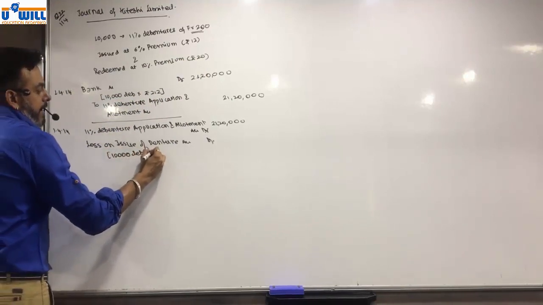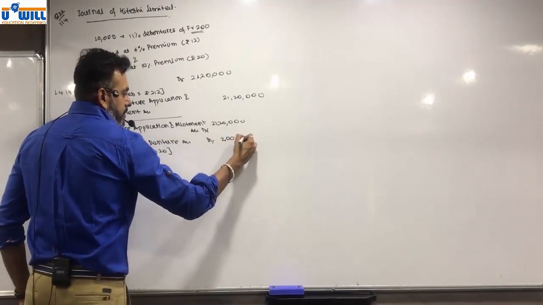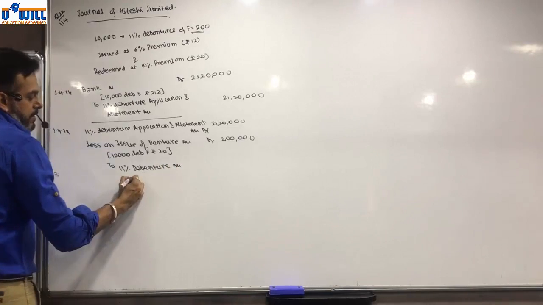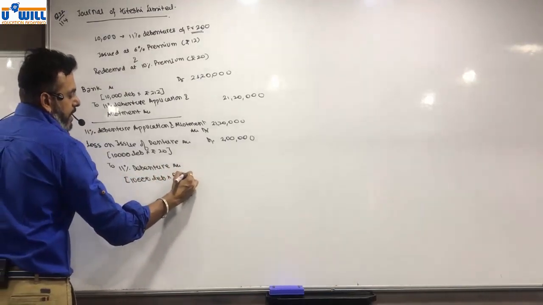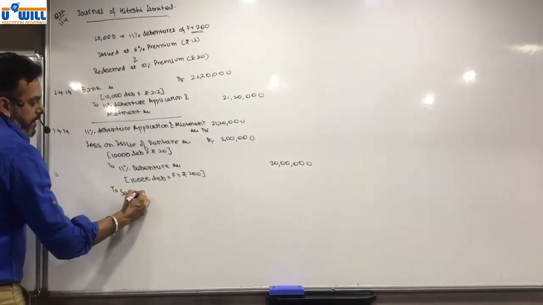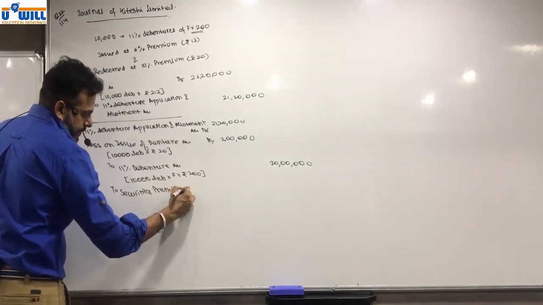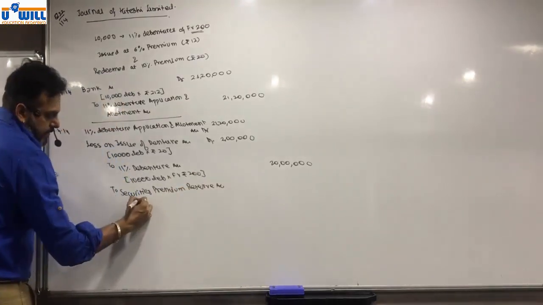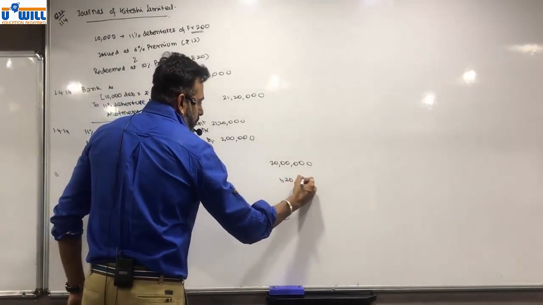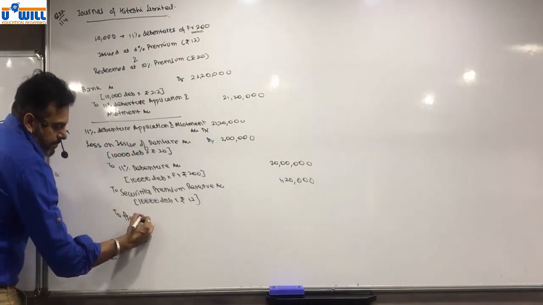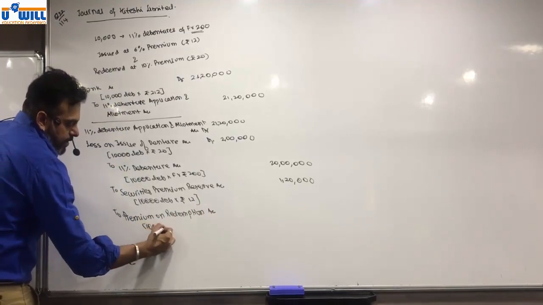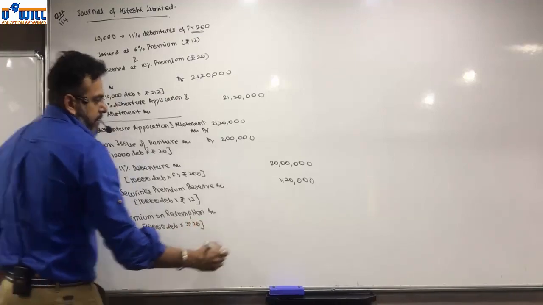10,000 debentures into rupees 20, 2 lakh, to 11% debenture, 10,000 debentures into face value rupees 200, 20 lakhs, to securities premium reserve account, 10,000 debentures into rupees 12, 1,20,000 and to premium on redemption account, 10,000 debentures into rupees 20, 2 lakh.